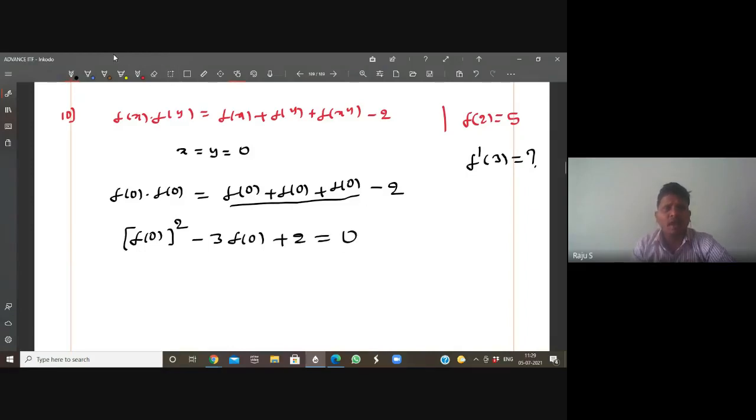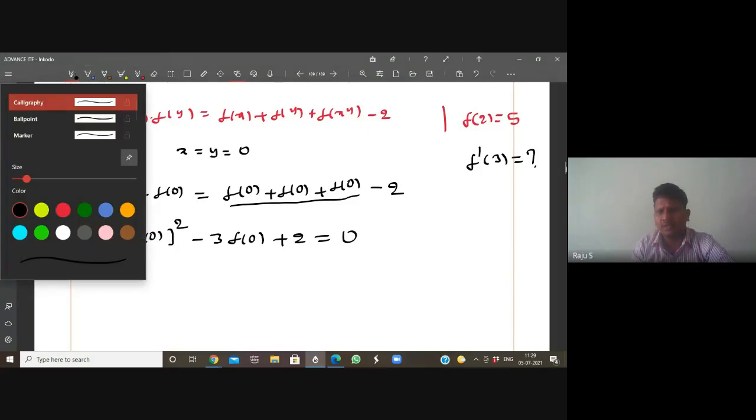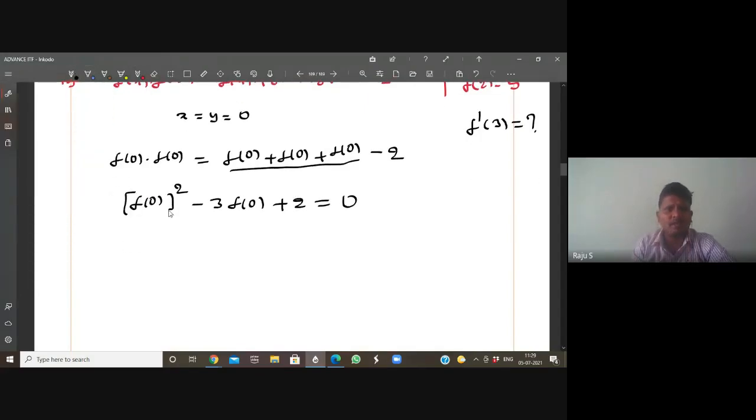Okay, we got a quadratic equation in f of 0, right? When I take f of 0 value as some x, let us consider. It is in the form of x square minus 3x plus 2 is equal to 0. What are the x values? This is a shortcut method.